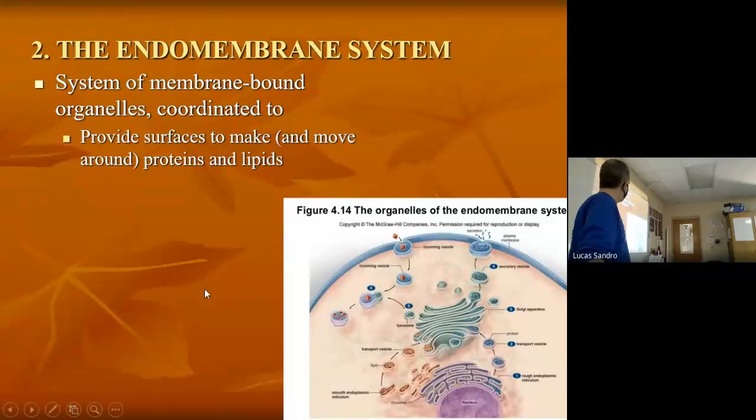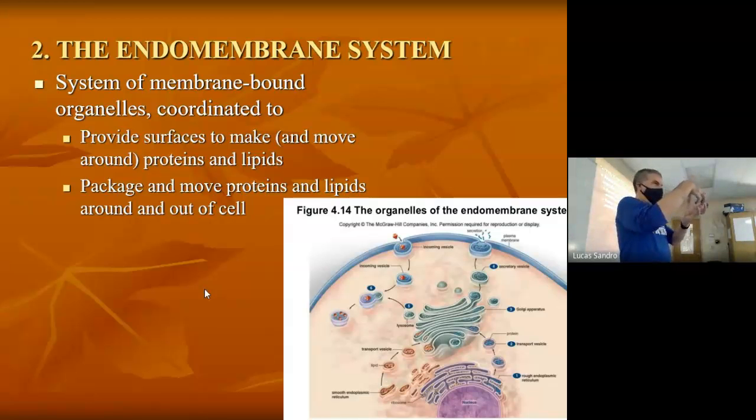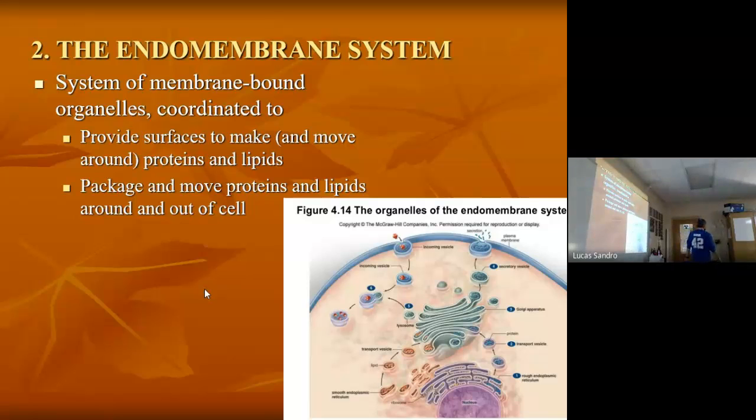And finally, they will often package, and by package I usually mean wrap a membrane bubble around materials like proteins and lipids, and move them around inside the cell that way, and sometimes ship them out.